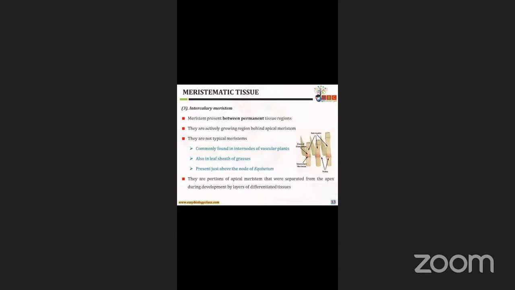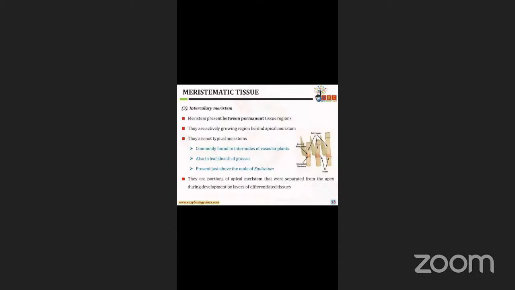The theory was proposed by Carl Nageli, 1878. It is ultimately responsible for the total growth of the plant body through consistent divisions. That is apical cell theory.